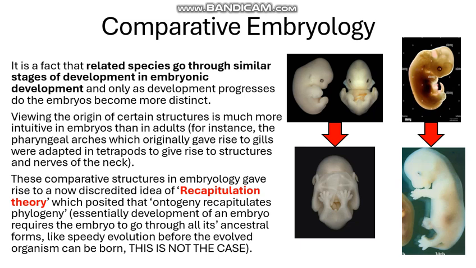So, the idea of recapitulation theory, put forth by, I think, Ernst Haeckel, it was basically, he looked at the embryos, he saw that in vertebrates we had these pharyngeal arch structures, and he thought, okay, that looks like gills.